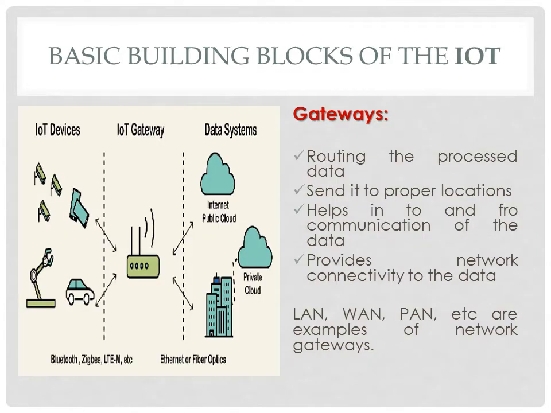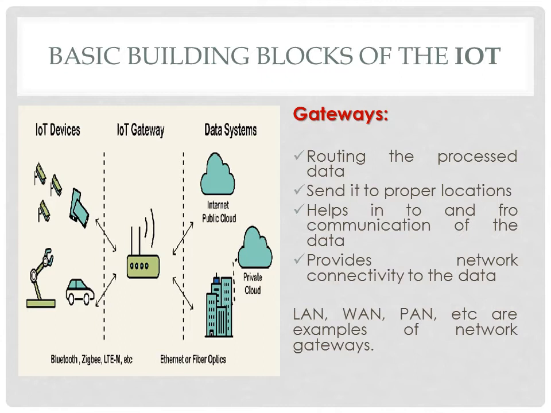Next is gateways. Gateways are responsible for routing the processed data and sending it to the proper locations for its proper utilization. In other words, we can say that the gateway helps in to and fro communication of the data.